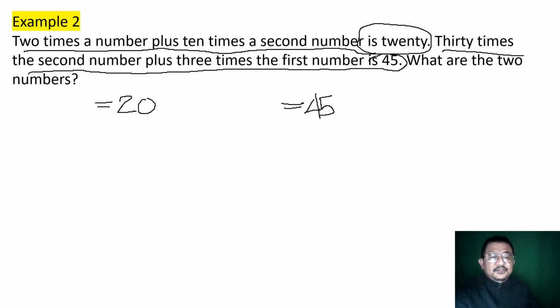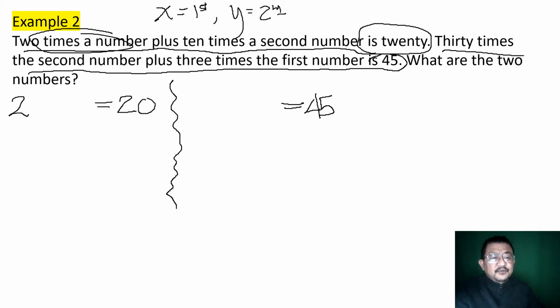All right, so let's write them down. Let's say let x be, let's use x as one of the numbers, the first number, obviously. The y would be the second number. All right. 2 times a number, so 2 times our first number plus 10 times the second number, 10 times y.